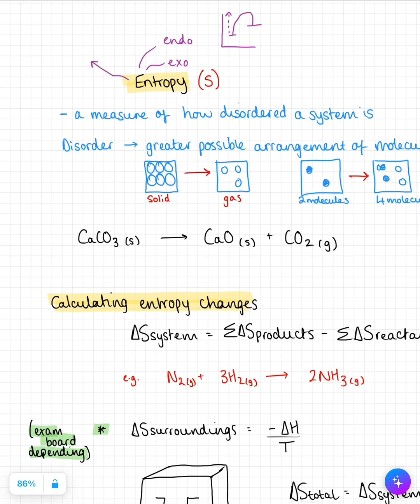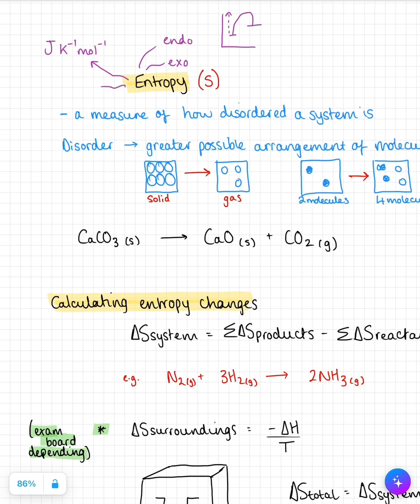The units of entropy are joules per Kelvin per mole. They tend to be of smaller magnitude than enthalpy data and calculations, which is why we use the joule scale to note entropy values. Now, what is entropy?